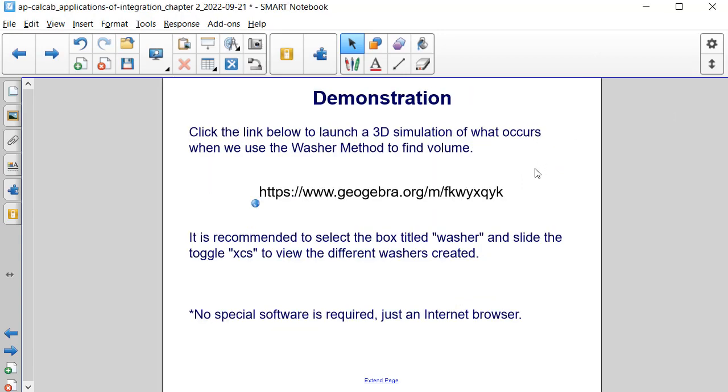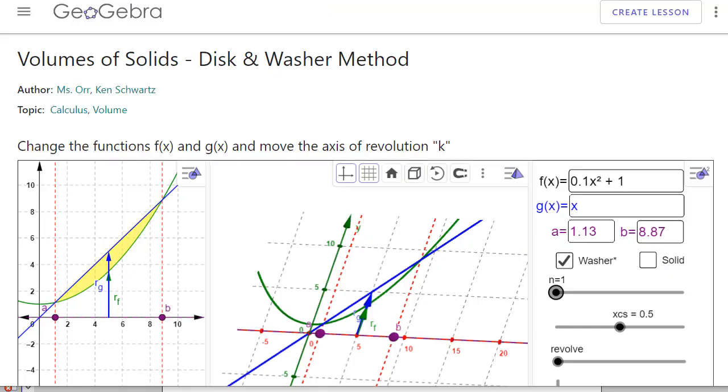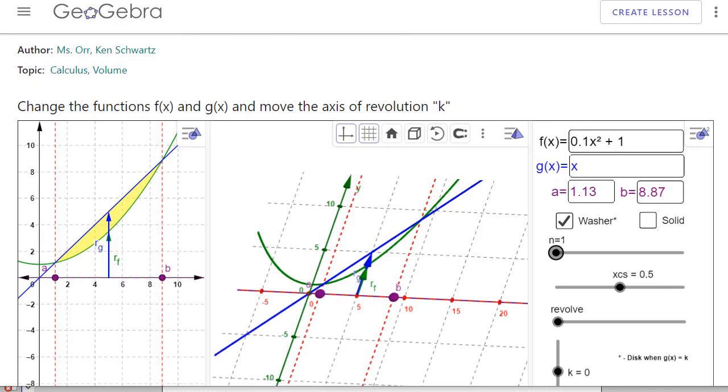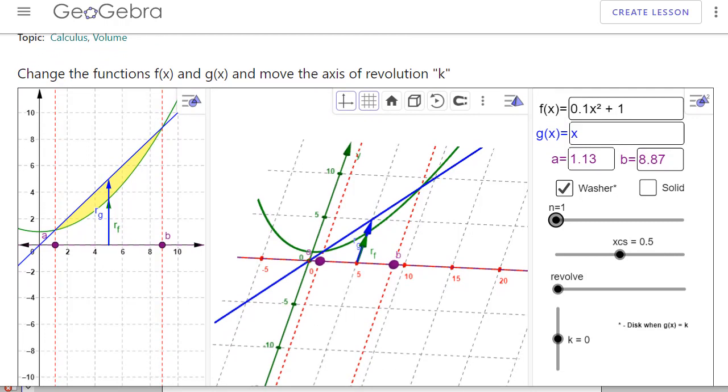Click on the link below to launch a 3D simulation of what occurs when we use the washer method to find volume. If I click on this link, it takes me to this website that others have created, which is pretty neat. We can set n to be whatever value we want.